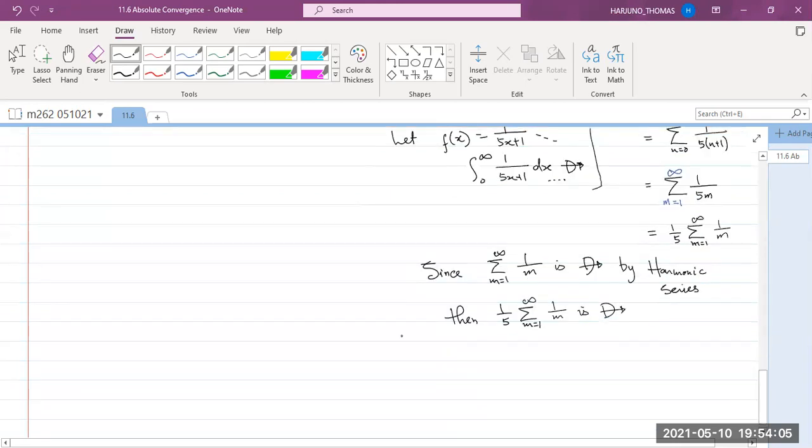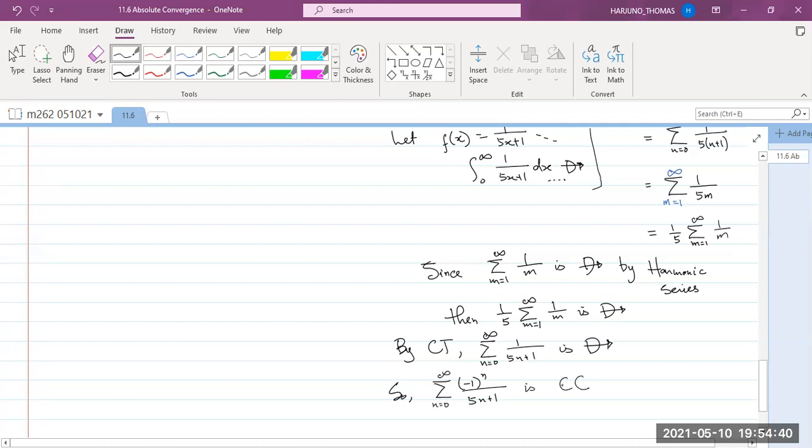By the comparison test, the series 1 over 5n plus 1 from 0 to infinity is divergent. So don't forget, the main topic is this one. It is conditionally convergent.